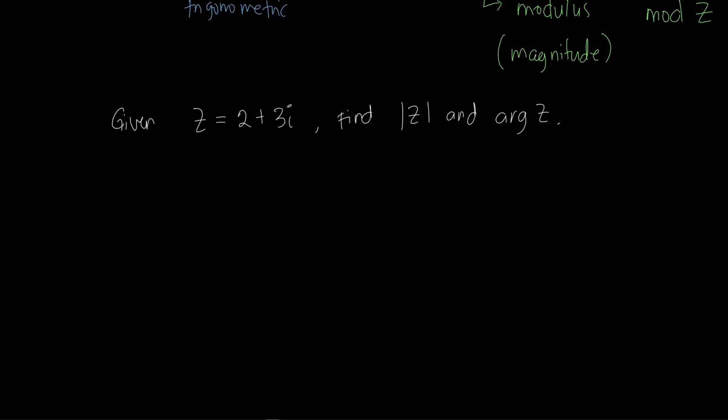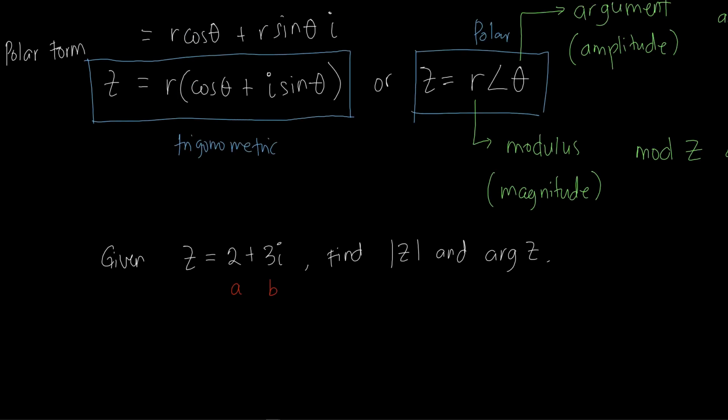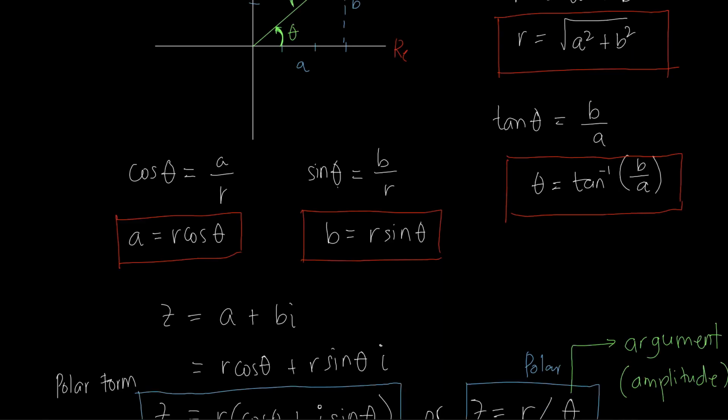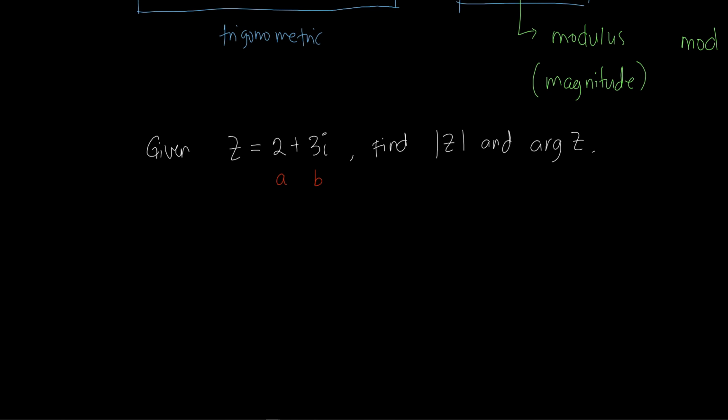Given a and b, which can we use? Pythagorean, sir. Okay. So r is equal to the square root of a squared plus b squared.